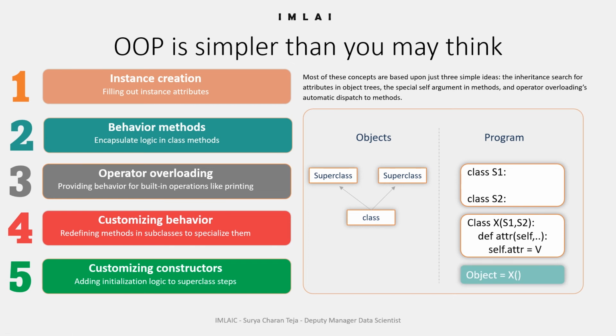Then we have self dot attribute. It is an instance attribute. Then we have created an instance or an object of class X. So this is the instance, and finally we called the X class and assigned it to a certain name, so we make it an object.